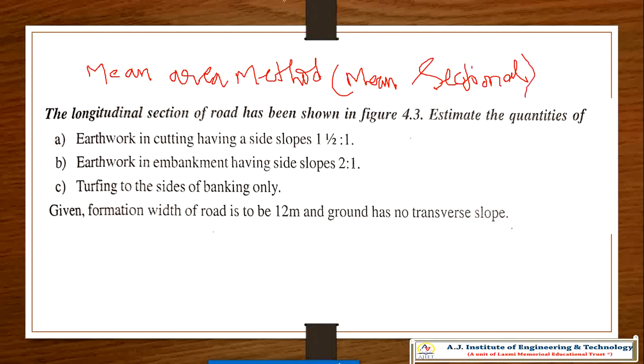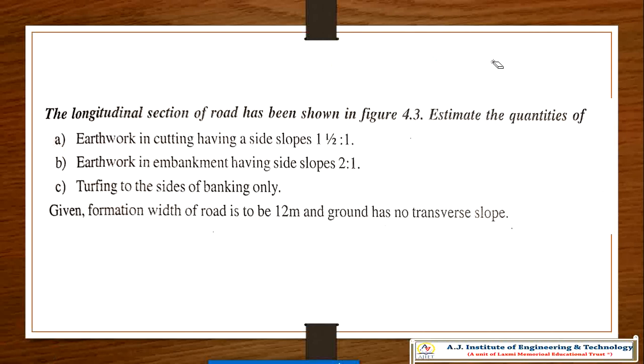Mean sectional area method, not mid sectional area method. The mean depth method is different from the mean area method. Okay. So now, what is the difference between those two?